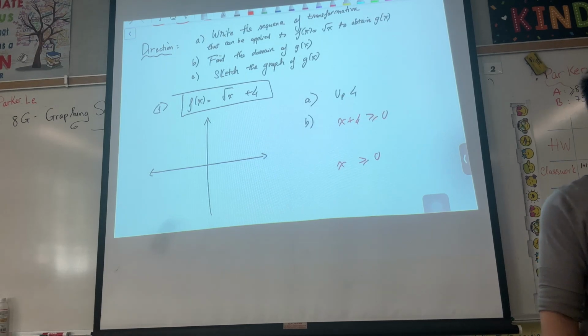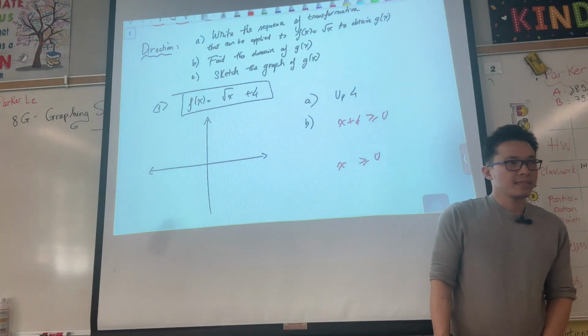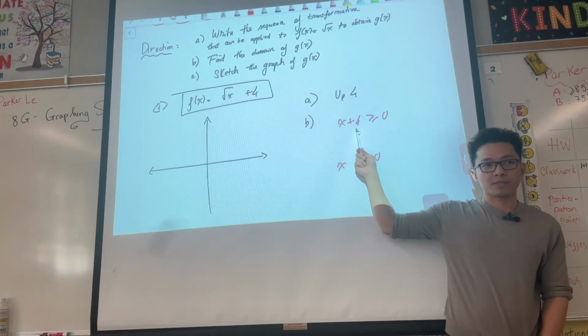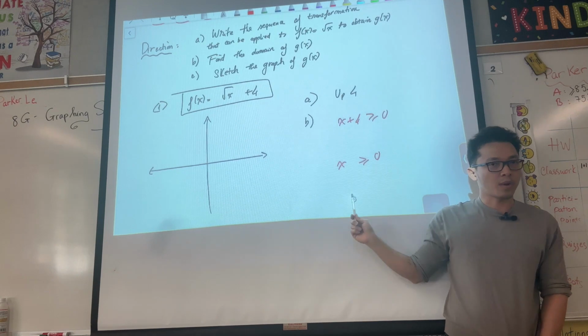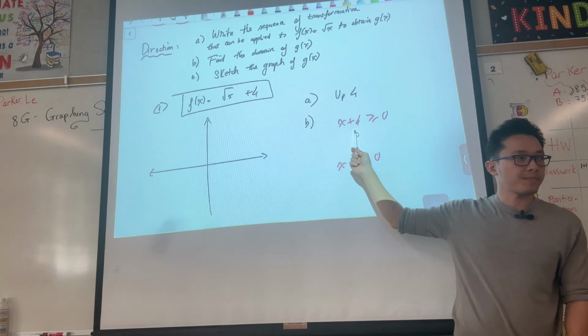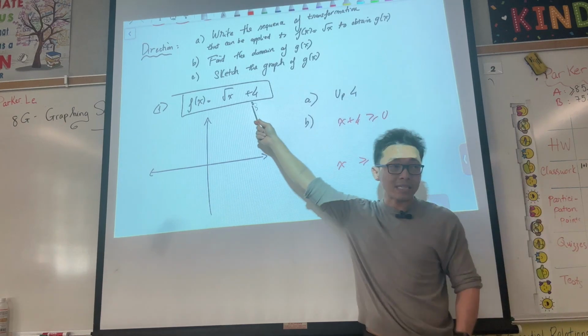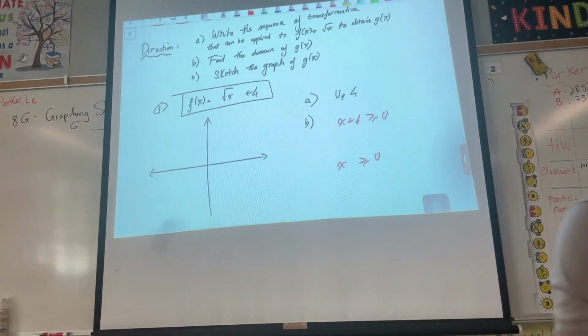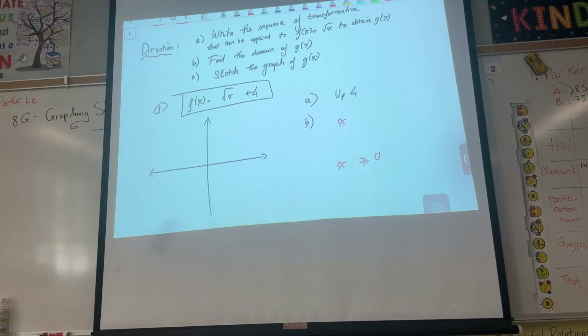In order to find the domain, which one is correct? Does this one need to be expressed as larger than or equal to 0, or this one? Why don't we need to include the 4? Because the 4 is outside the square root. We don't care, we only care about the inside.